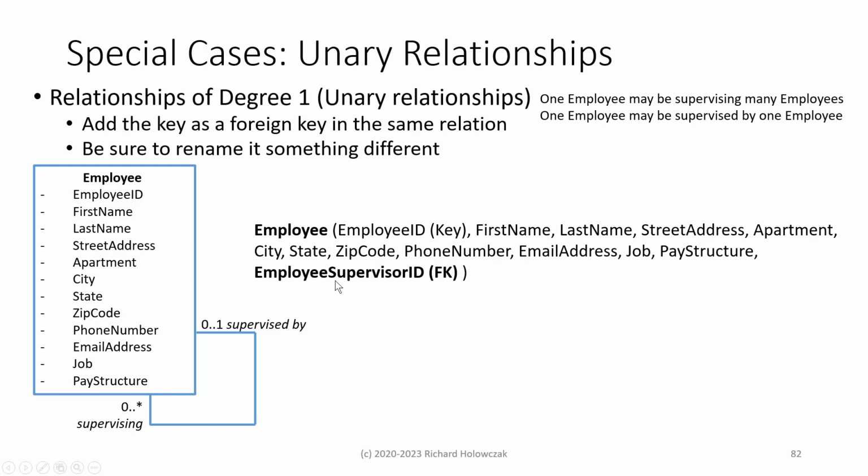So instead, we're going to call it employee supervisor ID. And now this foreign key will hold the employee ID of the person who is the supervisor. So this is how we deal with unary relationships. Again, we kind of have to rename this foreign key a little bit.